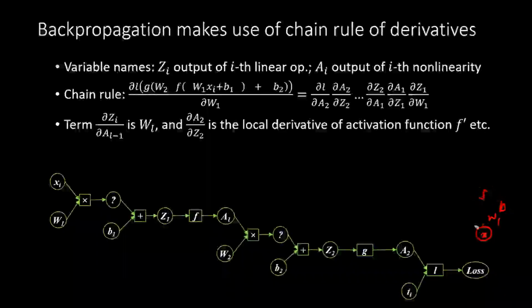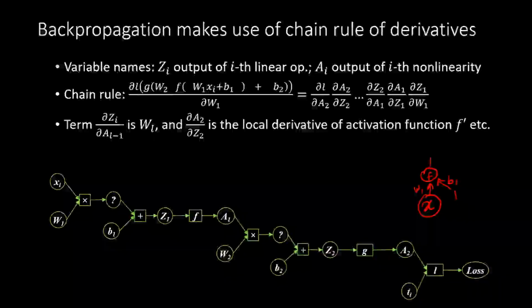Let me draw this where I have more space. Let's say I have input x and it goes into a function f. Into that function f we also have bias b1, where 1 is multiplied with b1 as the weight, and here I have w1 being multiplied.